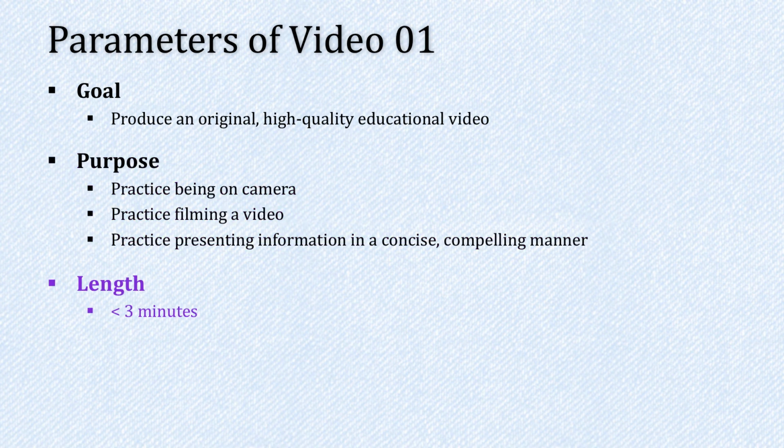The length of our videos, I'm going to leave that up to you, but I'd like you to shoot for recording something that's under 3 minutes. Now, that means your video will be under 3 minutes when it has titles and credit scenes and all of those extra things that we have to add in. So as you're planning this, keep that in mind. We're trying to keep it fairly short.